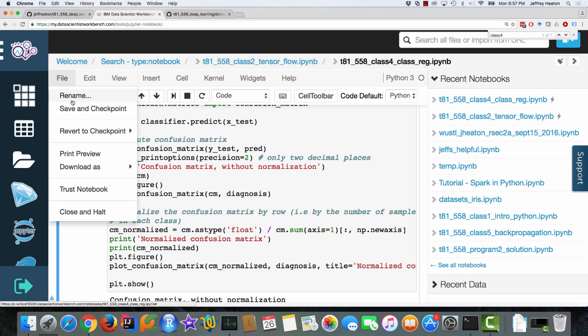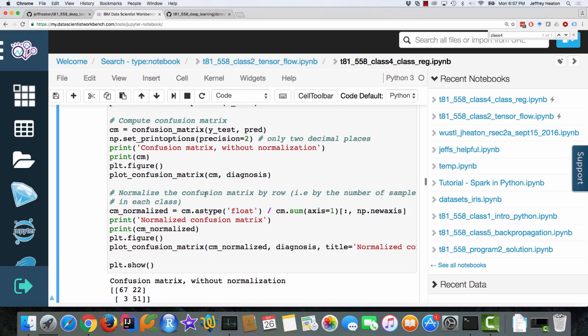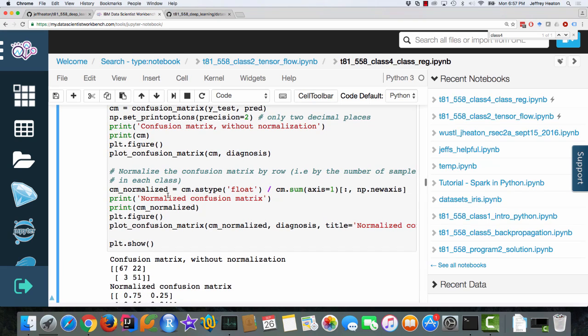I'm going to save and checkpoint so I don't lose this. And then, there are 2 confusion matrices that you will see. There is the raw one, which is the first one, and then there's a normalized one. The normalized one is more like an accuracy score.